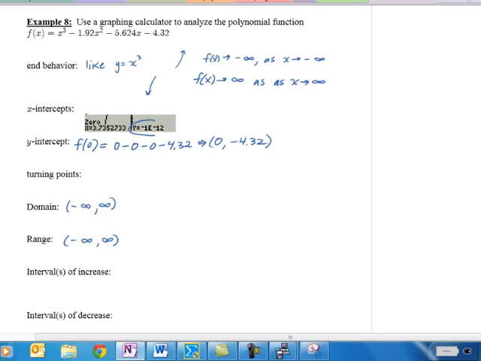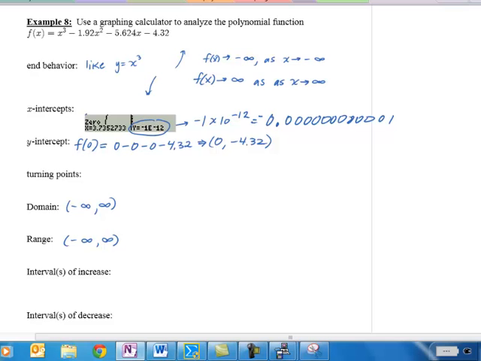When you see something like this, that means negative 1 times 10 to the negative 12, which would mean 11 zeros and then a 1, and negative.